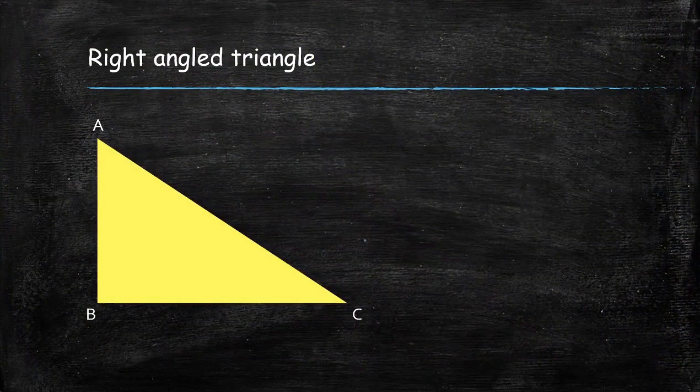Now right angle triangle. So right angle triangle, we draw the base, we draw the height. And note that the sides of the right angle triangle form the base and height. The side AB is the height, side BC is the base. So it is most easy to find the area of a right angle triangle if you know the sides of the triangle.